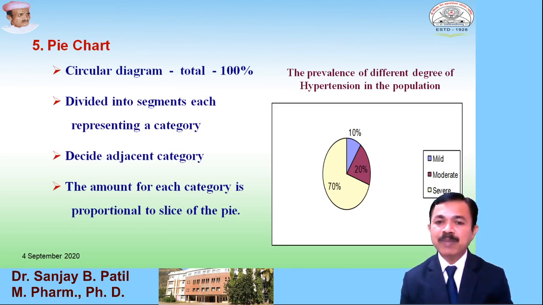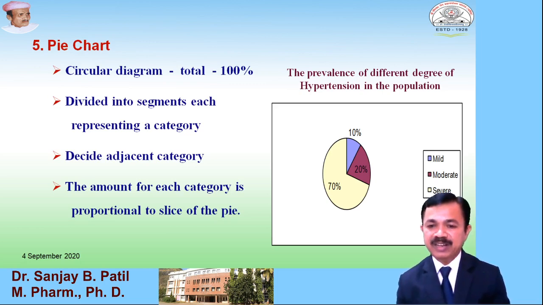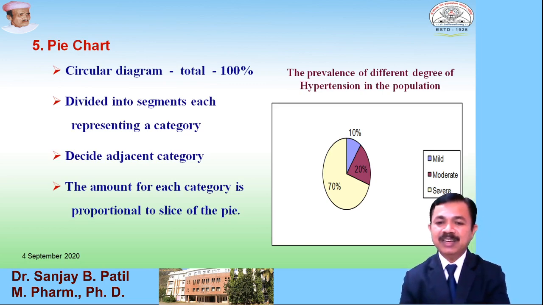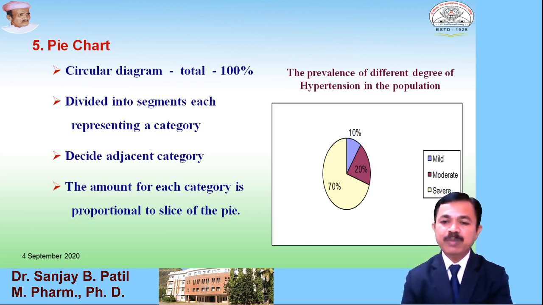For example, in this case, the three categories for hypertension are mild, moderate and severe. The percentage of mild hypertension in the given population is 10%. For moderate it is 20%, and the remaining 70% are with severe hypertension.